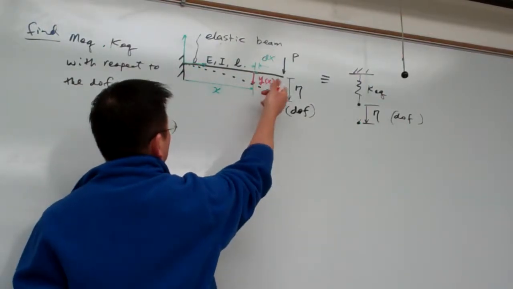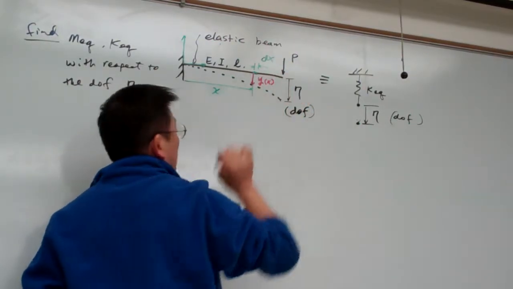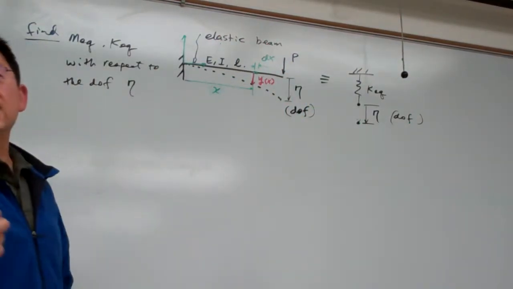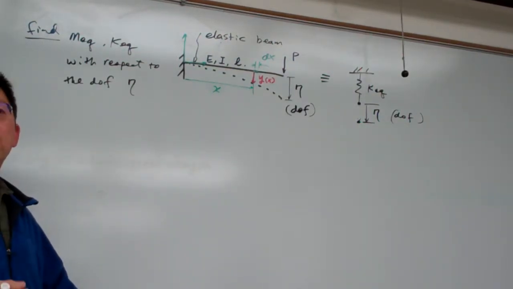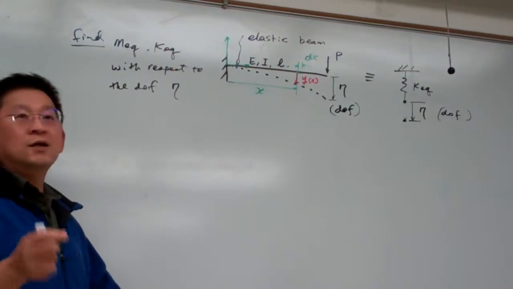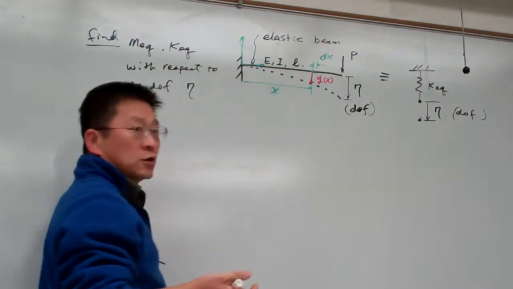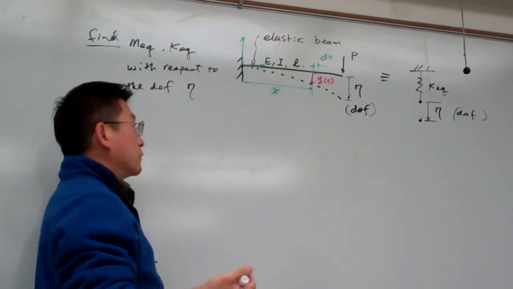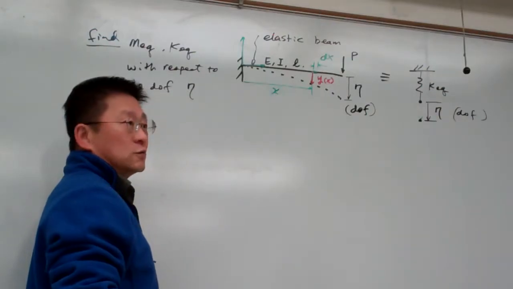When x equals L, the whole length, the deflection equals our degree of freedom. Again, the degree of freedom is a parameter that depends on the magnitude of the loading. Once the loading is determined, this value eta is determined.